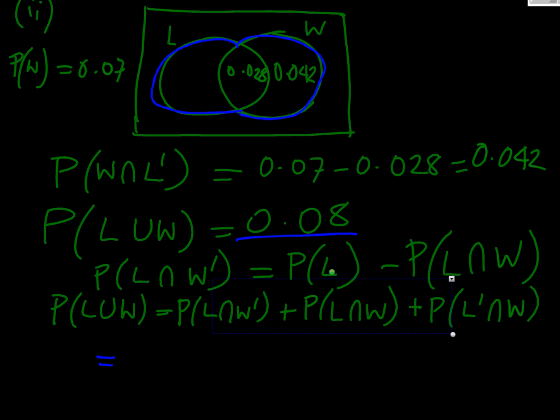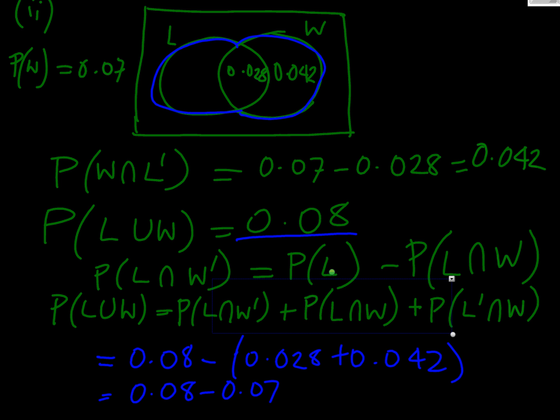It's going to be 0.08 minus the two numbers we already know, 0.028 and 0.042, which equals 0.08 minus 0.07. We're just undoing what we did earlier. So that one's going to be 0.01.